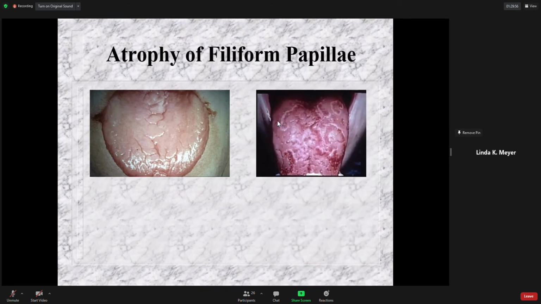Also, some patients that have geographic tongue have atrophy of the papillae in these reddened areas. And the reason is not entirely clear, whereas the one on the left is clearly related to nutrition.